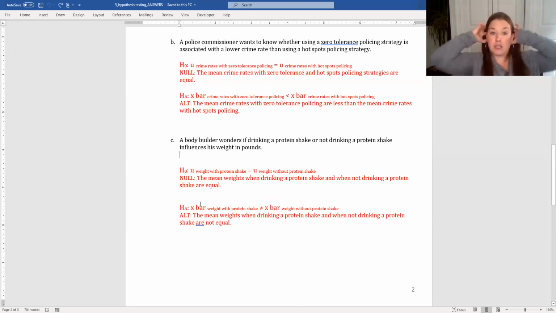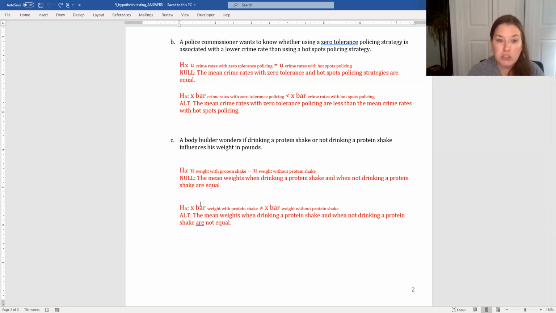Okay. C says a bodybuilder wonders if drinking a protein shake or not drinking a protein shake influences his weight in pounds. So here again, ask ourselves, blank influences blank. Our independent variable is drinking the protein shake. The dependent variable is weight.